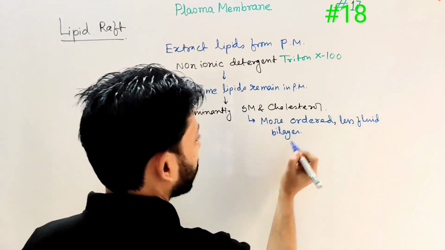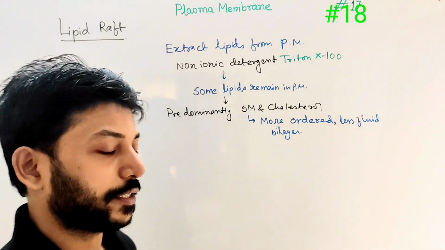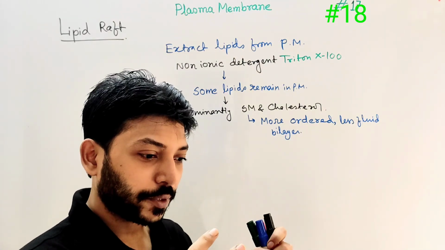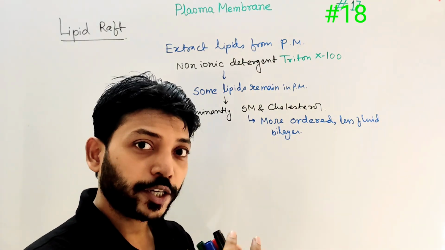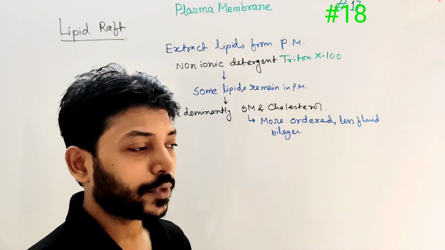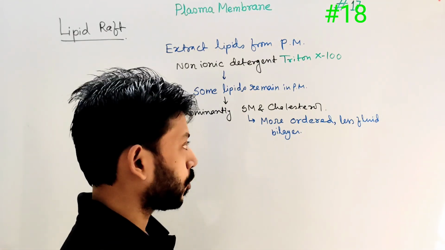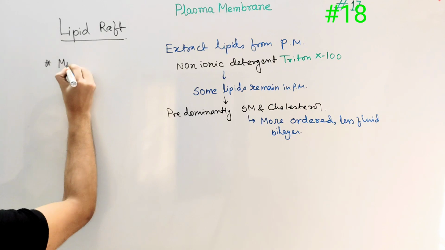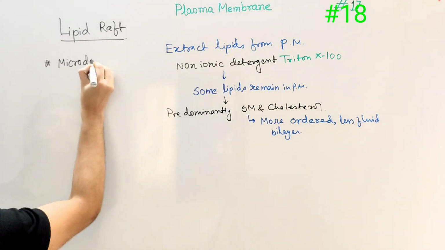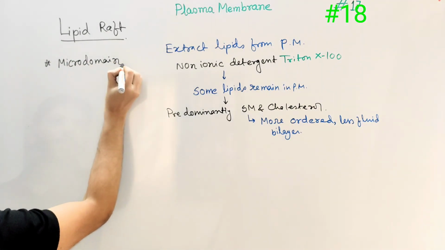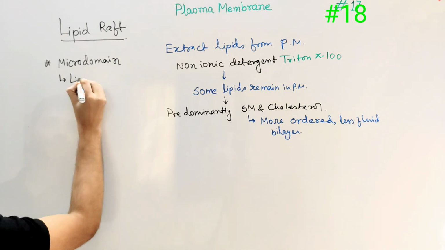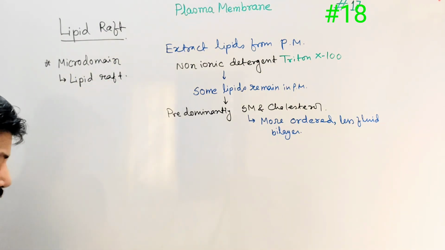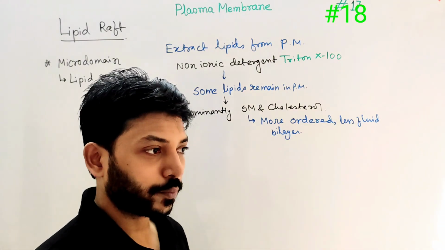So from this hint, scientists hypothesized that these kinds of lipid molecules can come together, bind very tightly and make a microdomain. They hypothesized that there may be some microdomain present in the plasma membrane, which they call a lipid raft. Okay, so this is the first hint from the experiment.